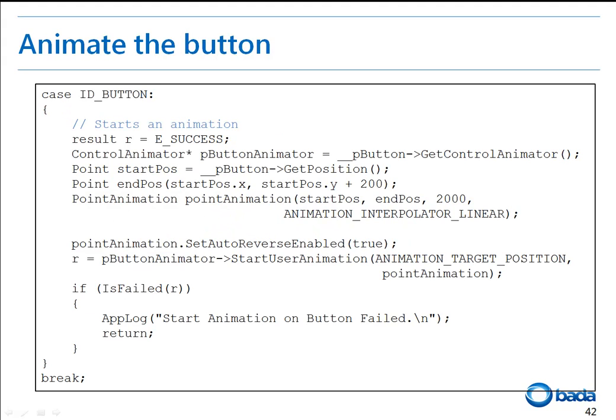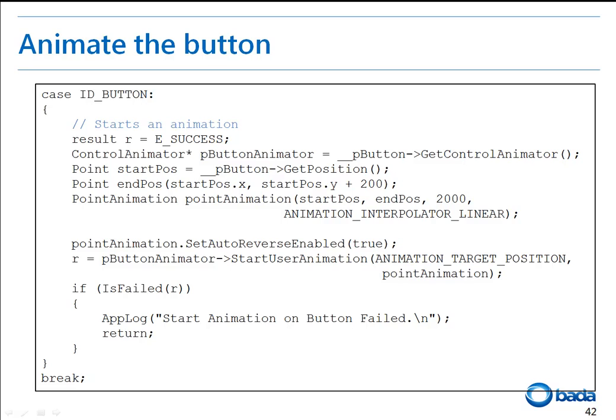Here I'm going to show you how to start the animation once the button is clicked. First, we get the Control Animator object for the button using the getControlAnimator method. Then, we take the 2 points, start point and end point, as the start and end points for the animation. The point animation is constructed with the start and end positions and a linear interpolation, i.e., the animation will be linear. By calling Set Auto Reverse Enabled and setting it to true, I've set the auto reverse property of the animation to true.